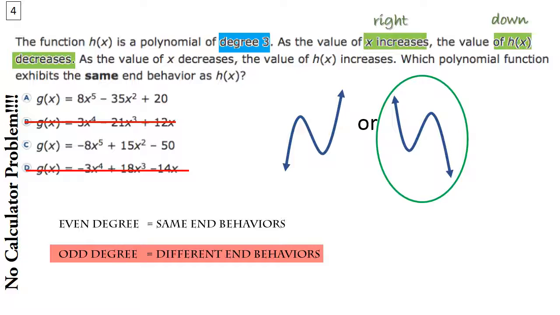And if the right side goes down, what does that say about our leading coefficient? Well, it's got to be negative. That first number dictates the right end, the last thing that the graph does. Well, the only one of these that does that, A or C, well, A doesn't do it. It's C that has a negative leading coefficient. So it's got to be C.